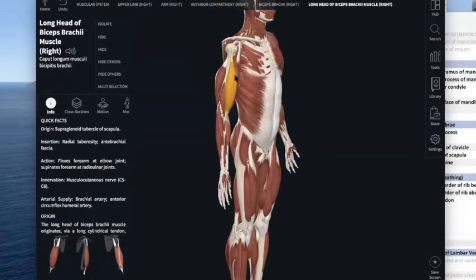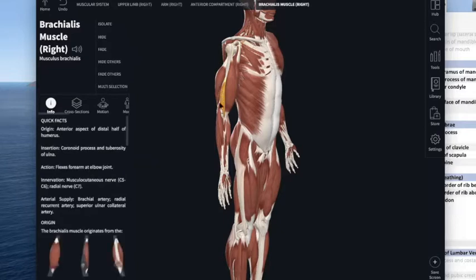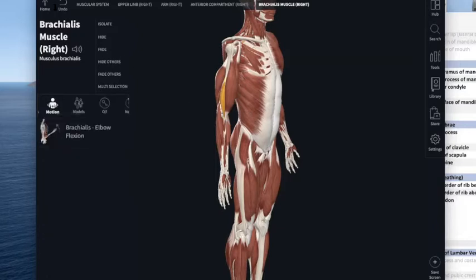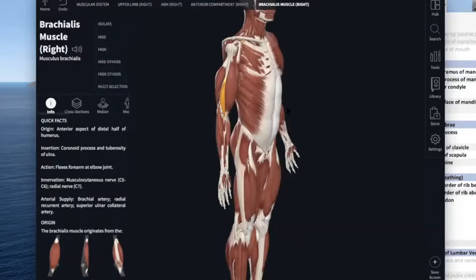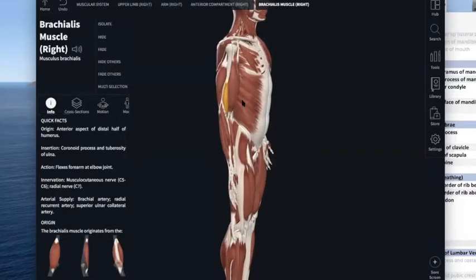And if they span both joints, they're going to do shoulder flexion and elbow flexion. And muscles like your brachialis, which starts on the humerus and inserts on the ulnar tuberosity, is also one of your major elbow flexors, but doesn't do anything at the shoulder. So those are on the anterior surface of your arm.